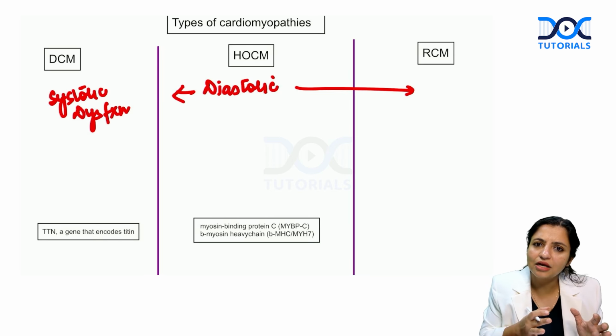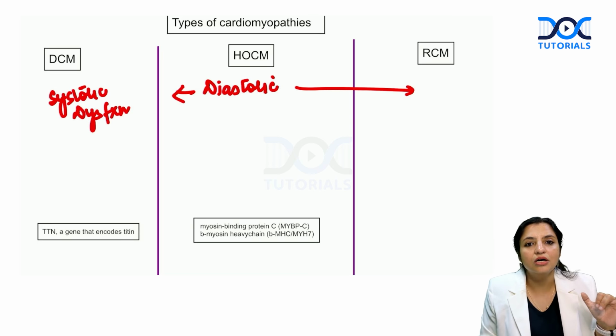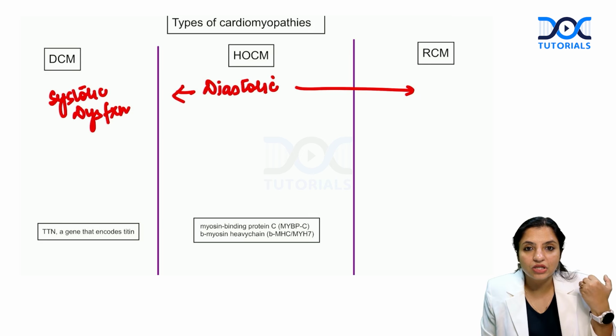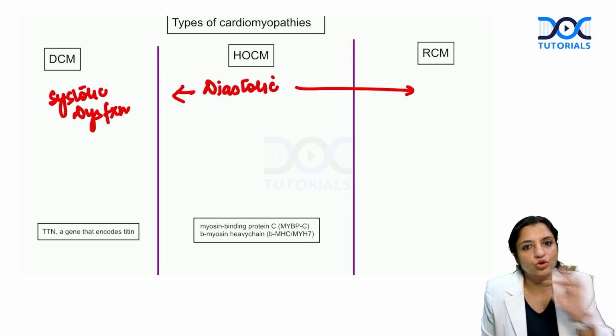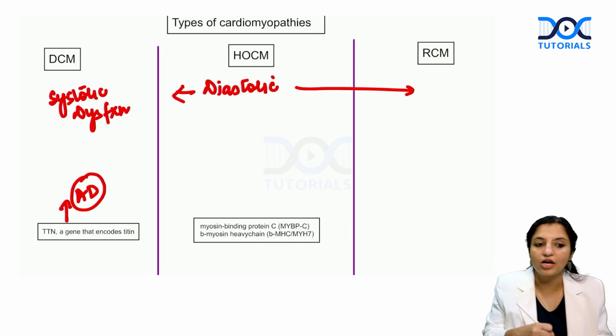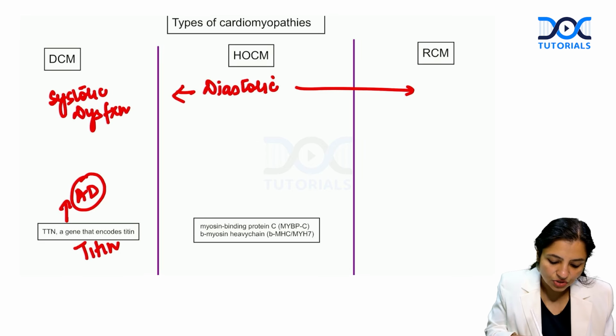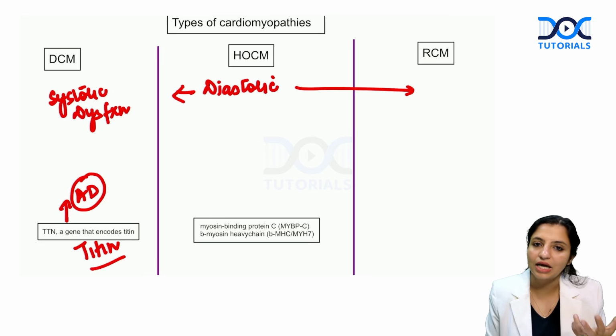Dilated cardiomyopathy can be autosomal dominant, X-linked, or mitochondrial, but most of the time it is autosomal dominant. In autosomal dominant dilated cardiomyopathy, the most common defect is in the TTN gene, the largest gene, which codes for the largest protein, called titin.